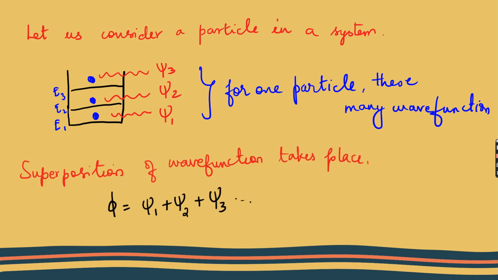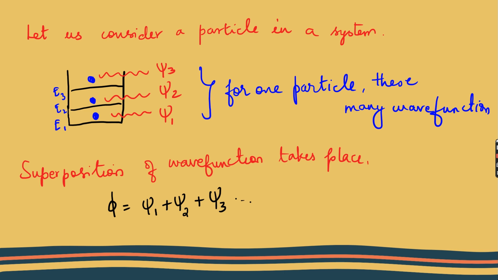That is called a superposition of wave functions. So phi will be my wave function which defines the system in which my particle is present. I do not know if it is in E1, E2, E3 or any other energy level. So I can say phi is my main wave function, which has psi1, psi2 and psi3 as sub wave functions.